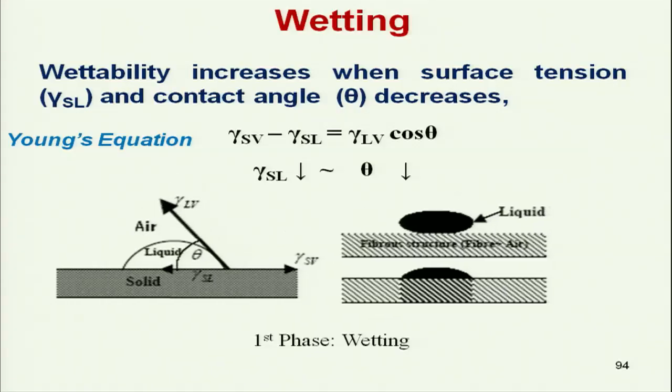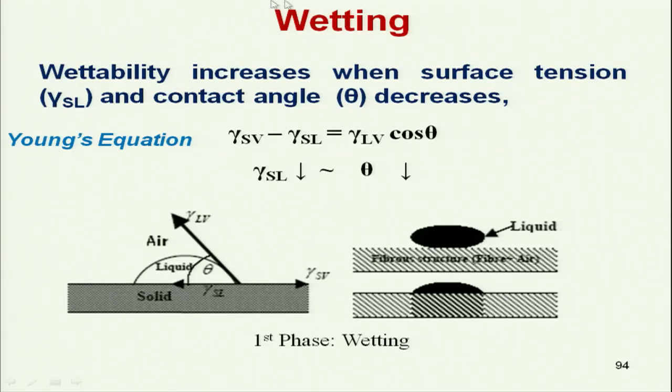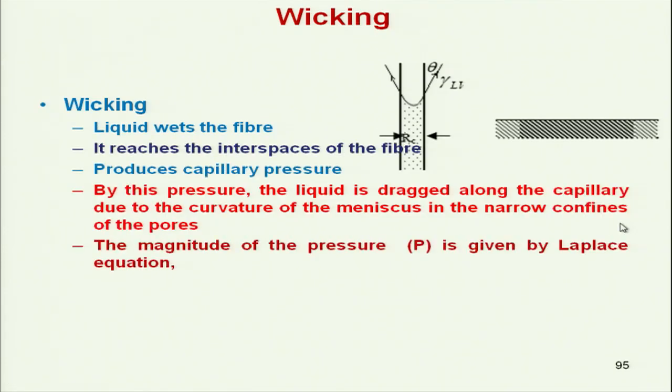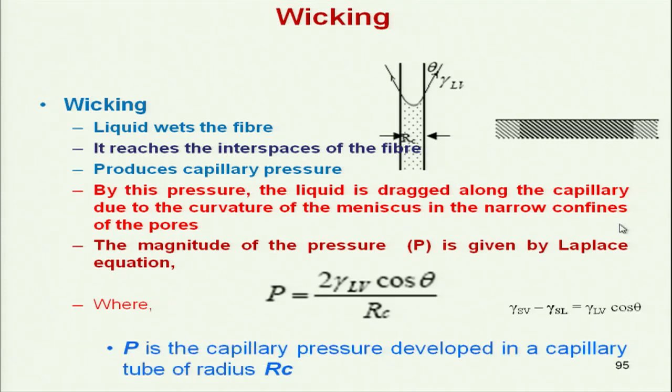These are the equations. Wetting follows Young's equation, and wicking follows this equation, the Laplace equation, where theta is the contact angle, this is the surface tension between liquid and vapor, and R c is the radius of the capillary.